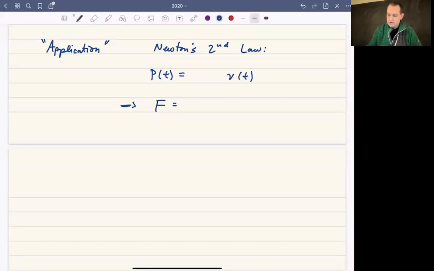Mass is allowed to vary, but let's assume that the mass is constant, and then the force is going to be equal to the mass times the acceleration. So the usual F equals ma. That's what we think of as Newton's second law, but it's really derived from something a little bit more basic than that.